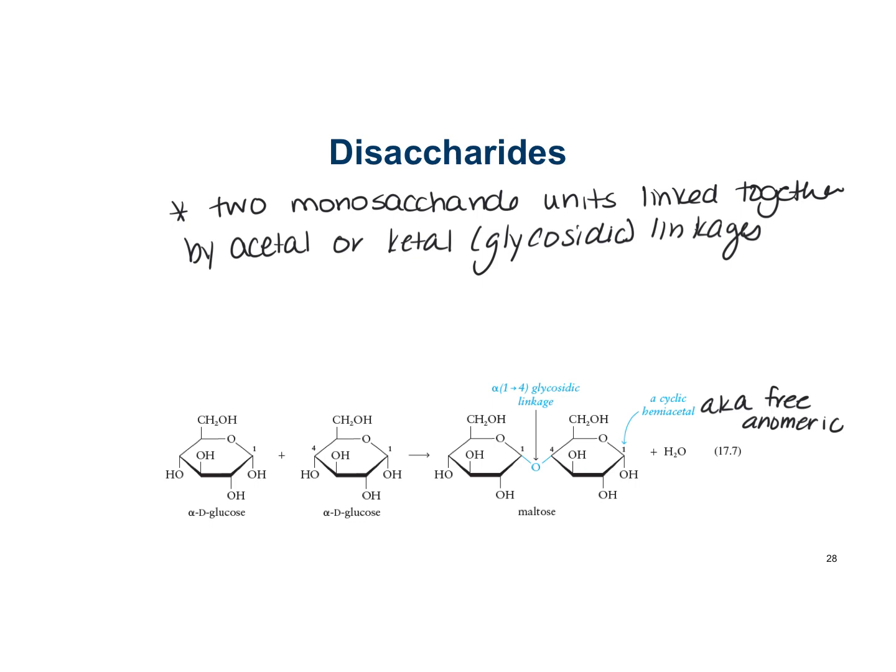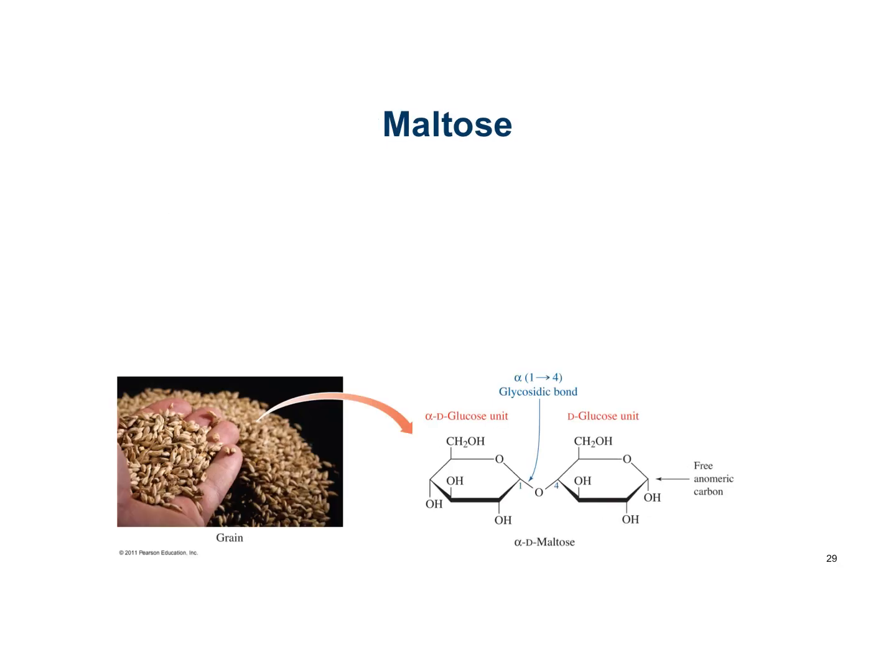And a lot of times our body breaks these down using enzymes. Nutritionally, the most important members of this group are maltose, lactose, and sucrose, and those are the ones that we're going to look at. So we're going to look at maltose first. Maltose is also known as malt sugar.